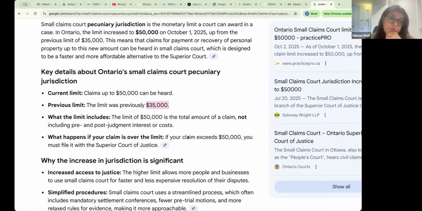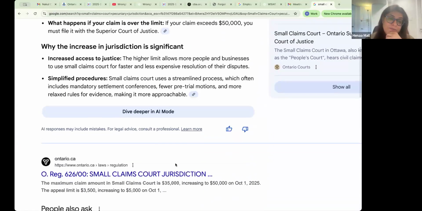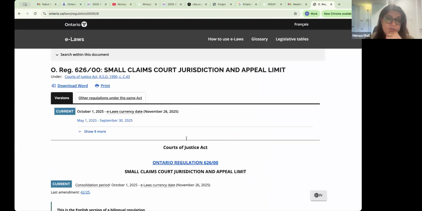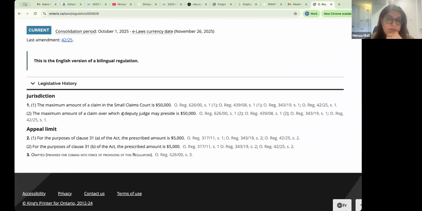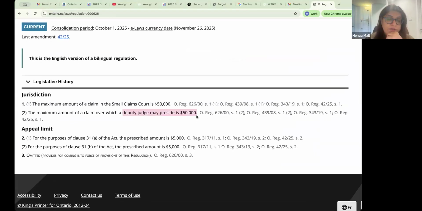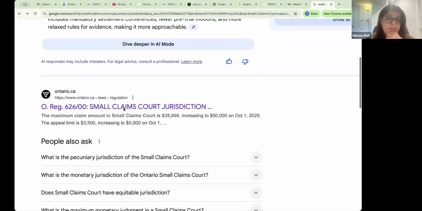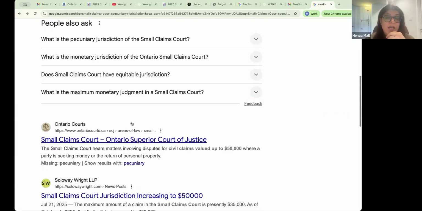For those of you who are interested in writing, this is the notification. $50,000. And in the previous rules, there was no appeal for orders less than $3,500. Now that amount has changed to $5,000. That's what I'm saying. It is important to understand that I will still be teaching the previous one.